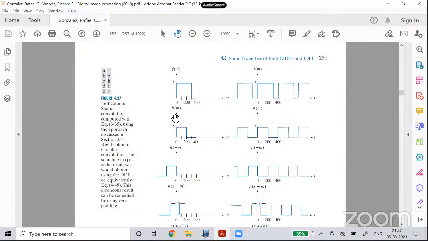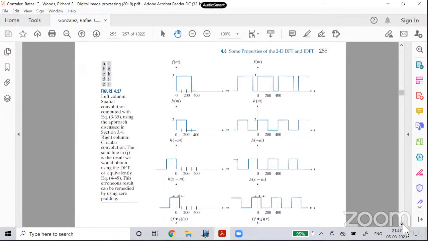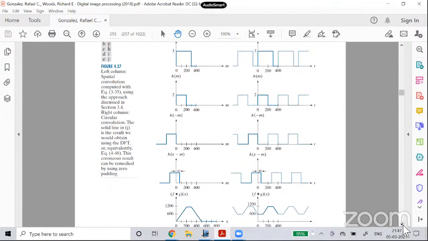If this is h(x minus m), which is what you actually require for doing convolution, now look what happens after you do convolution. The expected result in the spatial domain is this, but somehow there is no space; the space falls short.